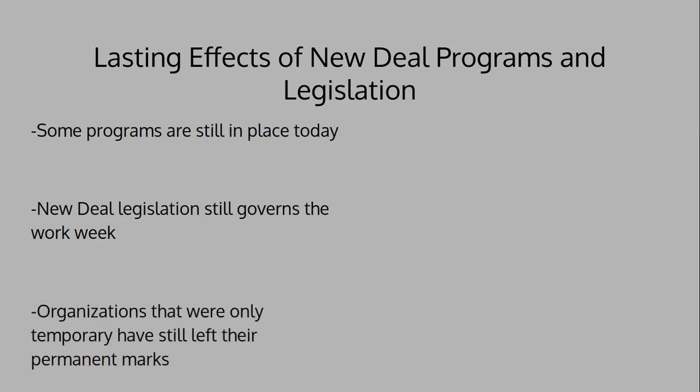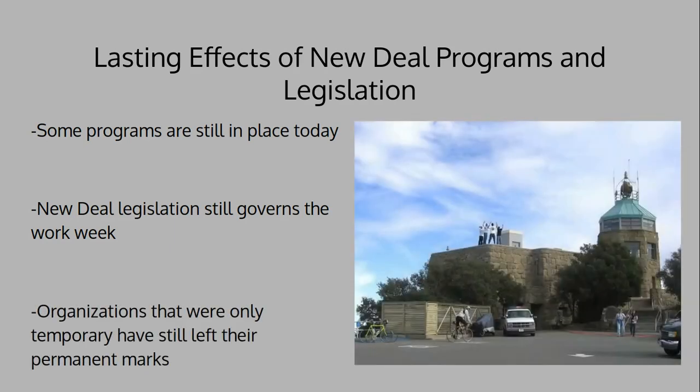And then last on this slide, there are a lot of organizations that either died out because they fell into disuse and weren't needed anymore, or in other cases were declared unconstitutional for the reasons I went over earlier.